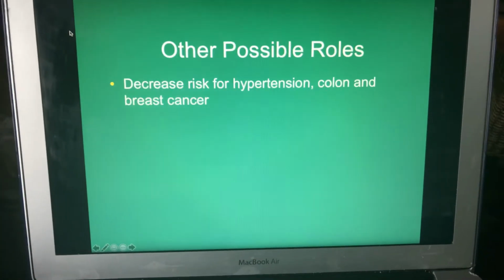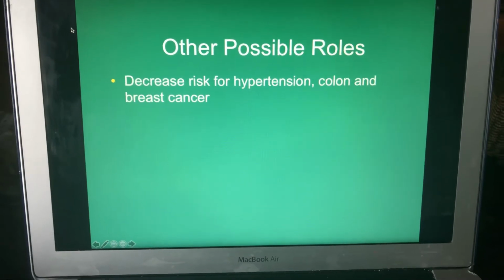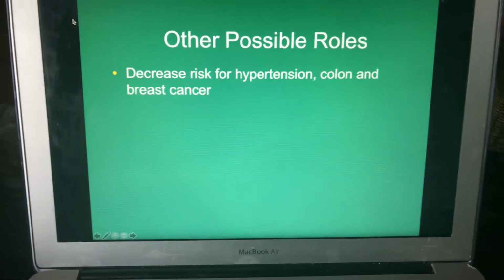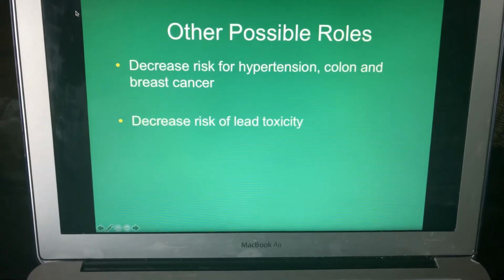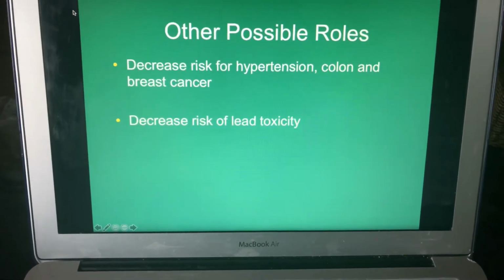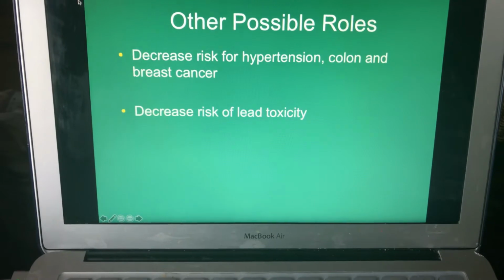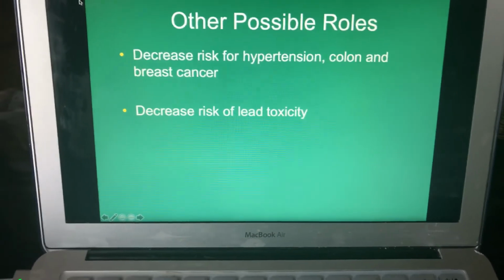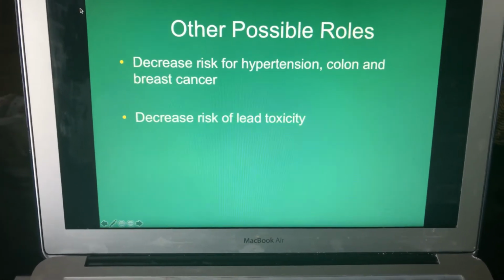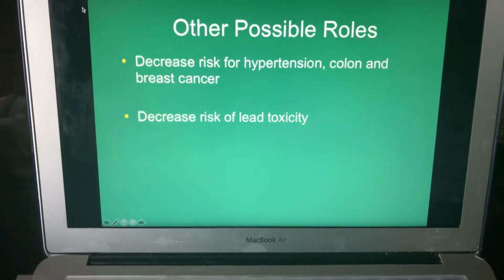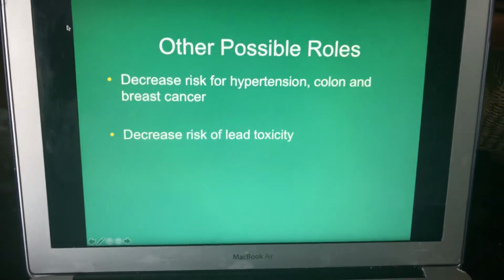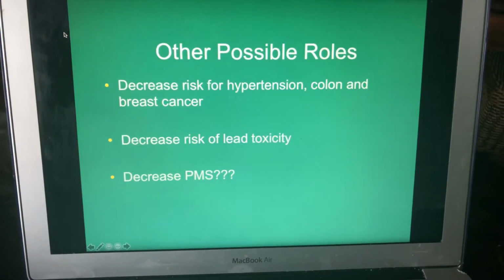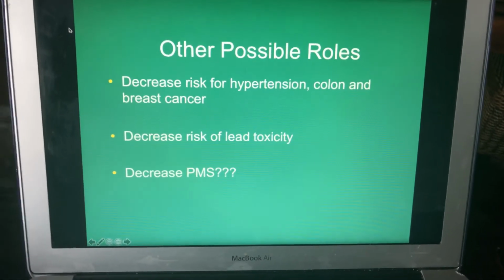Other possible roles, it could decrease the risk for hypertension or high blood pressure, colon, breast cancer, maybe. It decreases the risk of lead toxicity in children because remember, minerals compete with each other for absorption. So if there's lots of calcium available, it will decrease the absorption of lead. May decrease the symptoms of PMS.